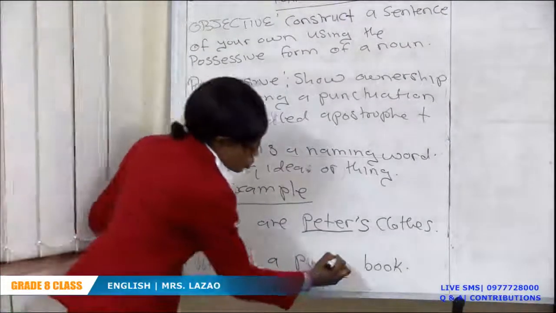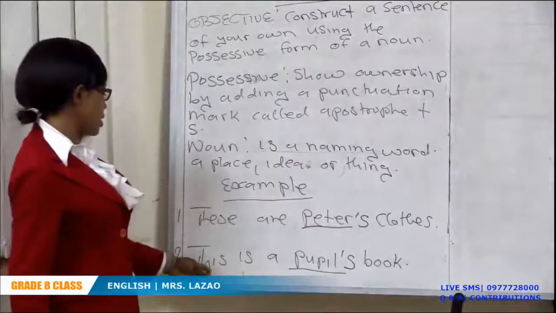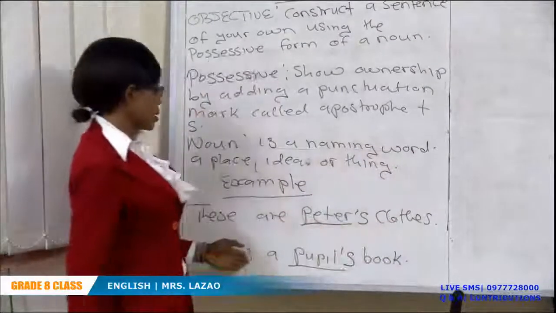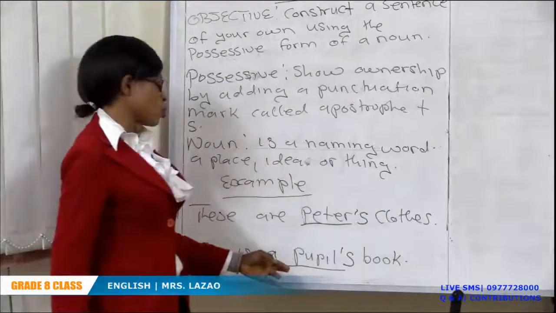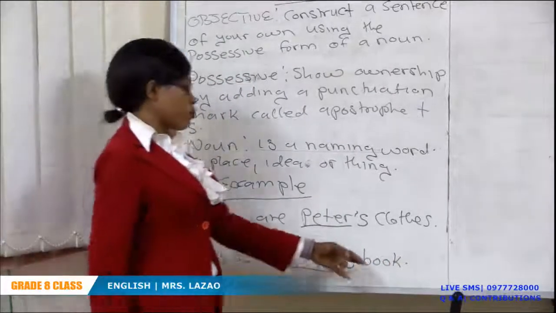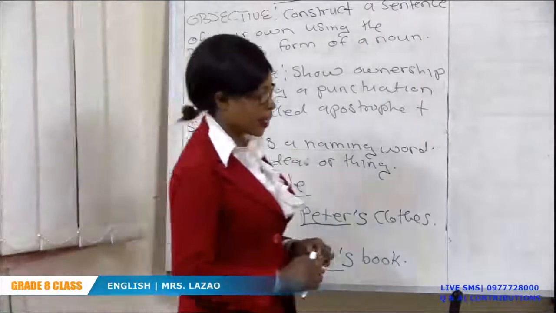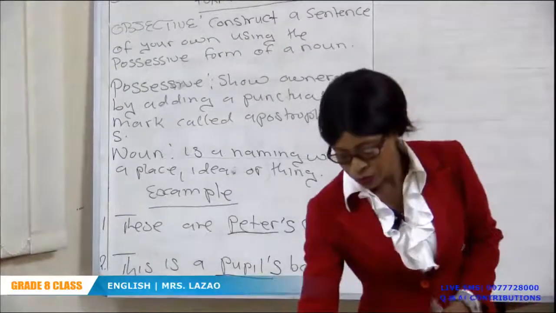We add apostrophe plus S. So it will read, this is a MUBUYU's book, meaning the book belongs to the MUBUYU. Is it understood? Okay, we continue.